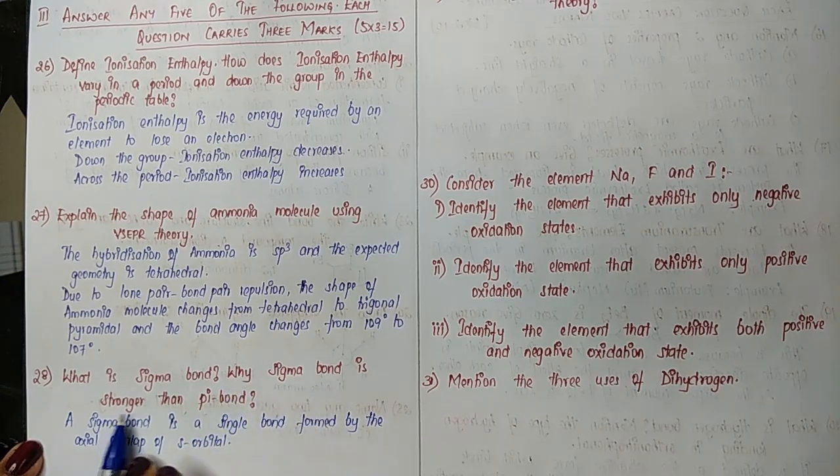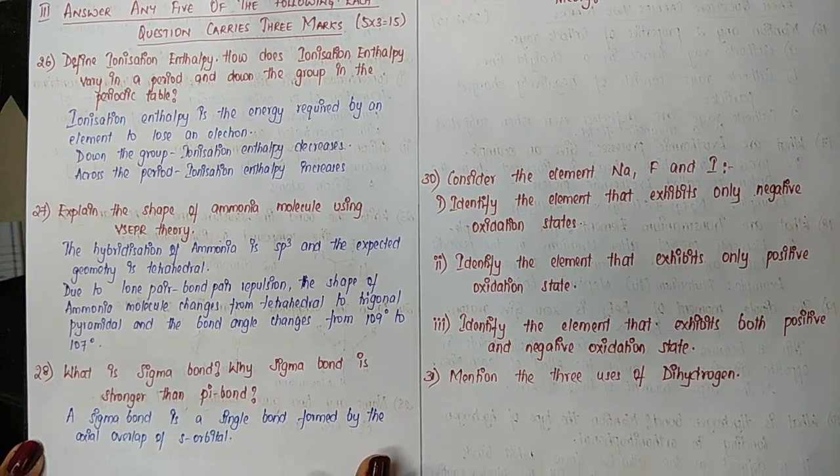Now the second question is, why is a sigma bond stronger than a pi bond?